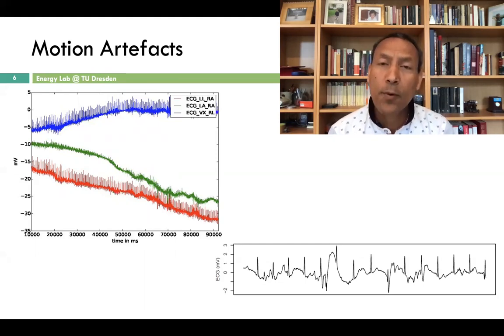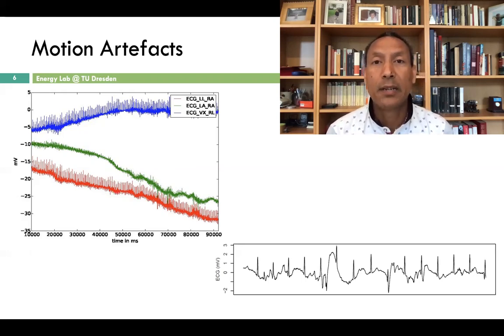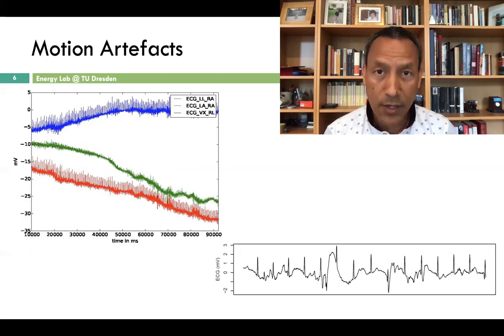But the local problems are hard to get rid of because their frequency component overlaps with the frequency of the electrocardiogram itself. So there has to be a mechanism, a more complex and sophisticated mechanism to remove motion artifacts.